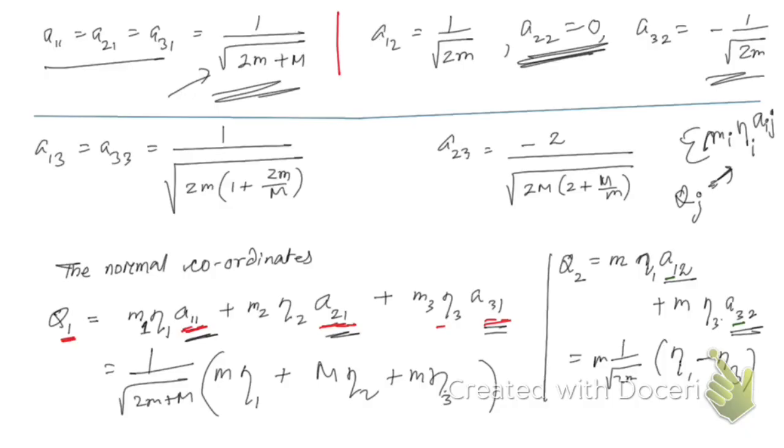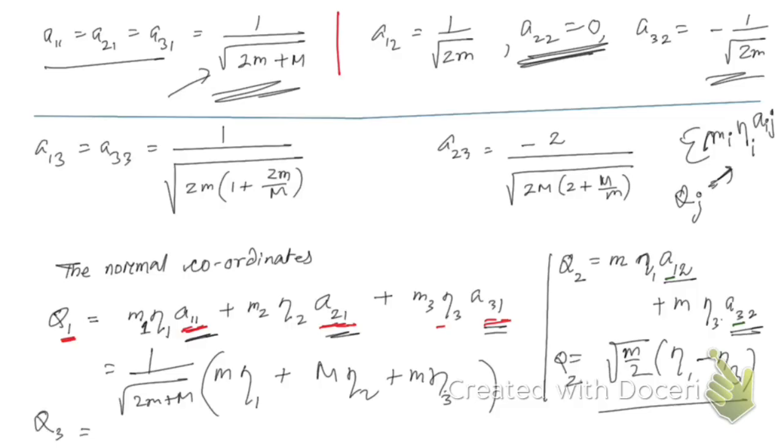And you can write it this way: if you write the m inside the square root, then it will be m square by twice m, which cancels m, so we end up getting root over m by 2 into this. This is q2, right? This is q2. So similarly you can obtain q3.